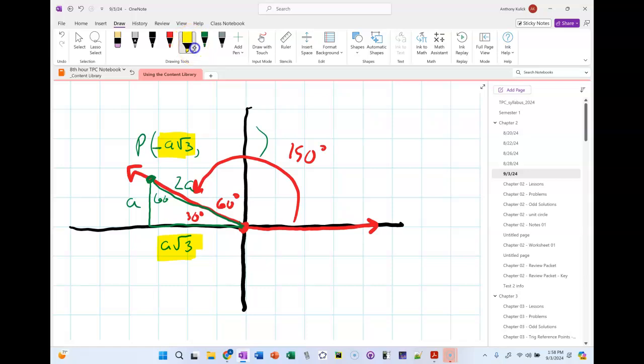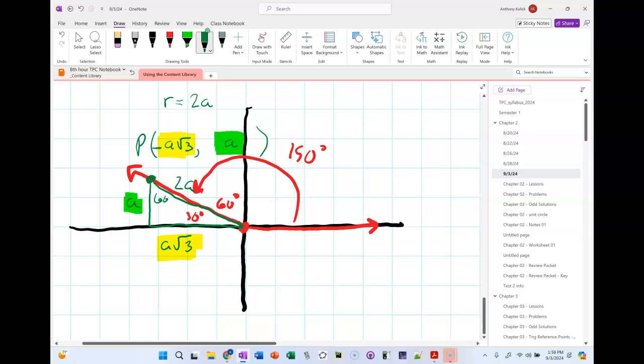Okay. What is the y-coordinate for P going to be? When we plot a point, we go left or right, and we go up or down. Which side is the up or down? It's a, right? So what does 2a have to be then?